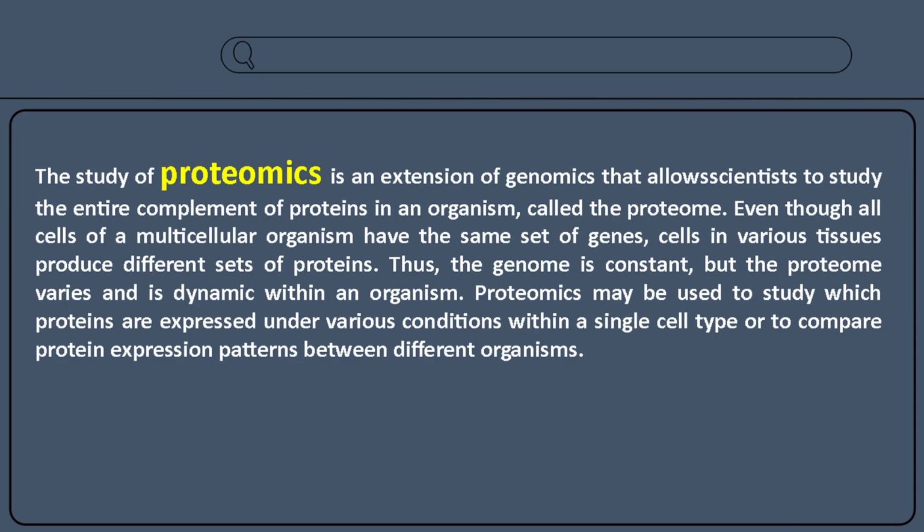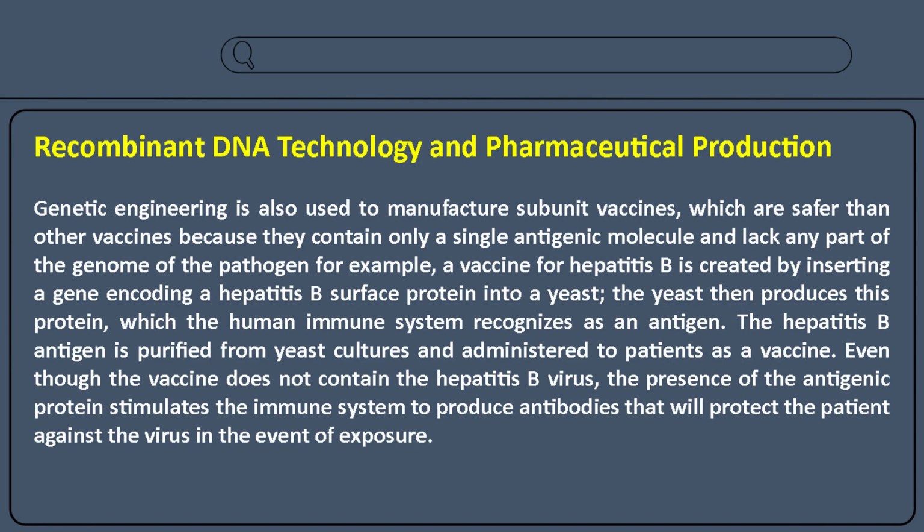Okay, so let us now proceed to the last part here: recombinant DNA technology and pharmaceutical production. Recombinant DNA technology, also known as genetic engineering, has revolutionized the production of biopharmaceuticals. It involves the use of genetic techniques to manipulate DNA sequences and create new combinations of genes that can be expressed in living cells to produce therapeutic proteins, antibodies, and other biologics.